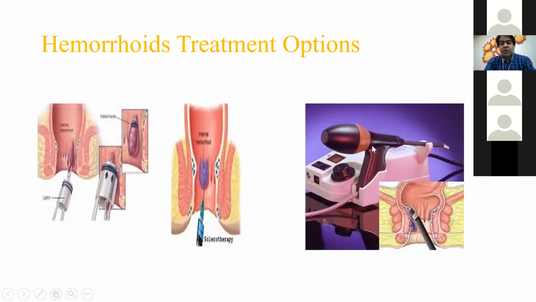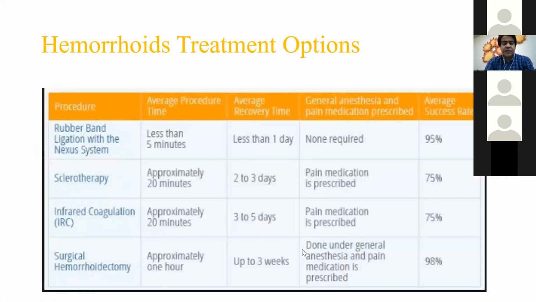This is infrared coagulation. Basically, we don't have this facility. This is a modern form of the coagulation in which the infrared beam is used. Excuse me. So again, a little bit we must know about these things.